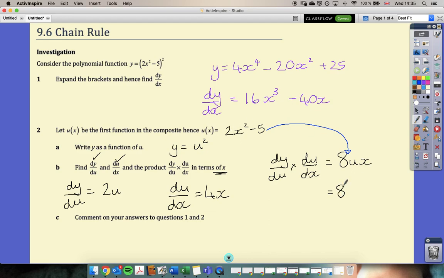I might move the x to the front and then put u in afterwards just to make it a little bit tidier. And lastly, I'm going to expand my brackets. So I'll get 16x cubed minus 40x. Okay, what do we notice? We notice that by multiplying dy by du with du by dx, we get the same as what we found with dy by dx. Clearly this method took us a lot longer.